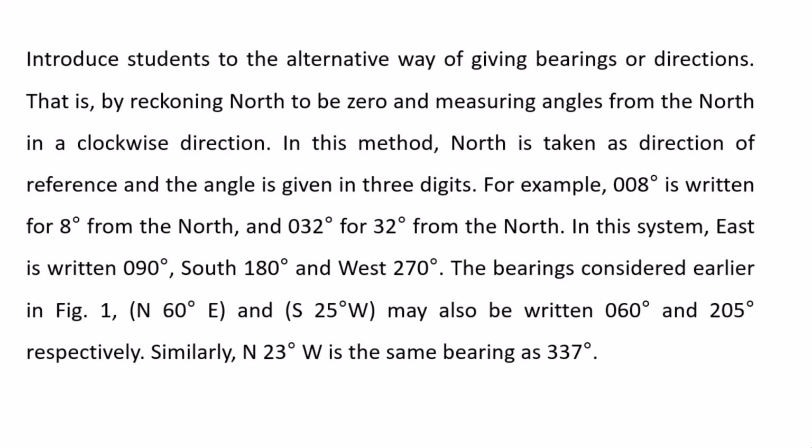The bearings considered earlier in Fig 1, north 60 degrees east and south 25 degrees west, may also be written as 060 degrees and 205 degrees respectively. Similarly, north 23 degrees west is the same as 337 degrees.